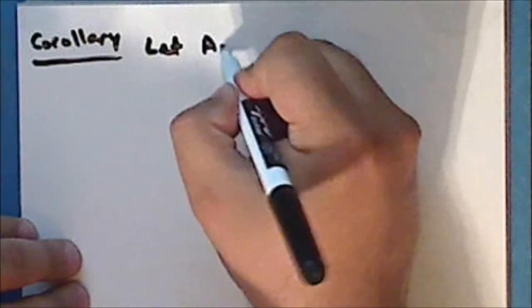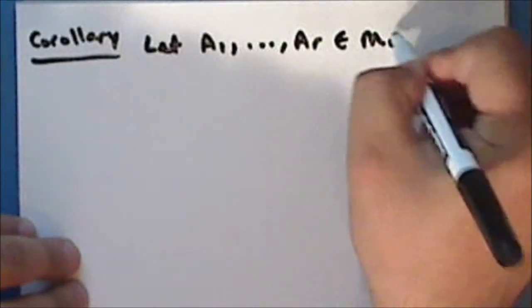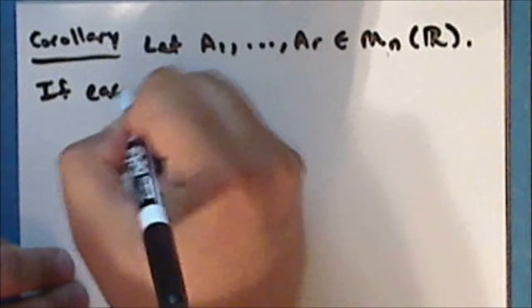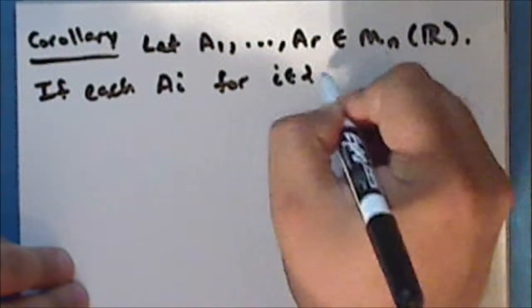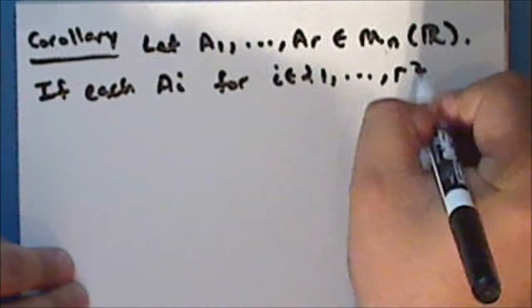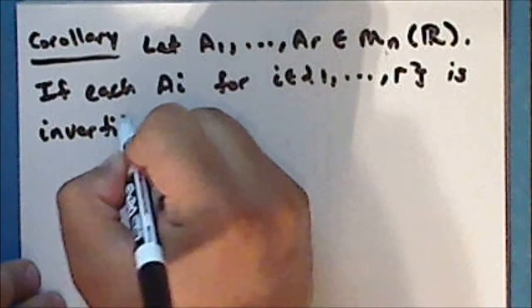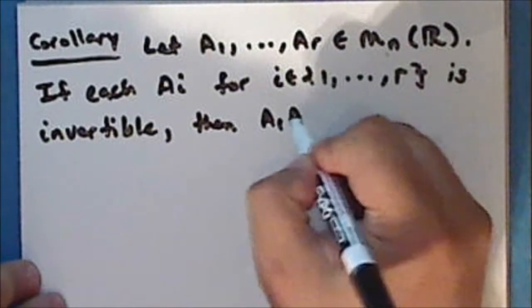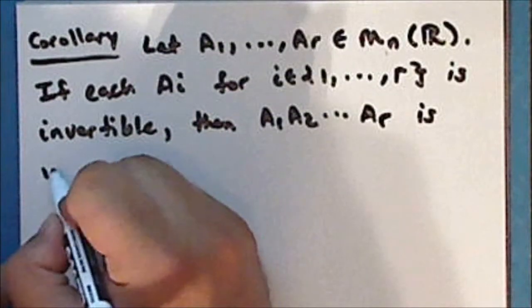So let A sub 1 through A sub r be square matrices of order n. If each matrix A sub i, for i in the range from 1 to r, is invertible, then the product A sub 1 times A sub 2 and so on through A sub r is invertible.